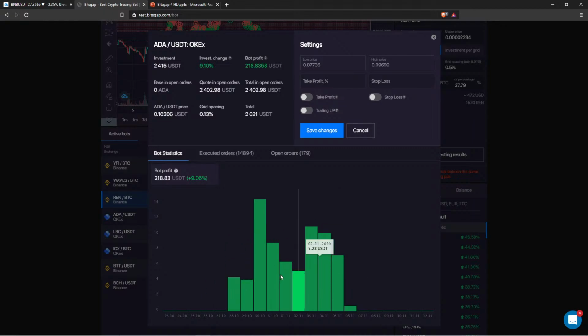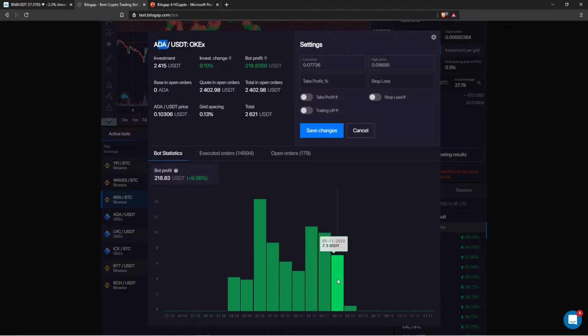So at the time when the price stayed within the boundaries of my trading range, it has been making profits on my behalf, and here's the exact overview of how many USDTs my Cardano automated strategy generated for me.